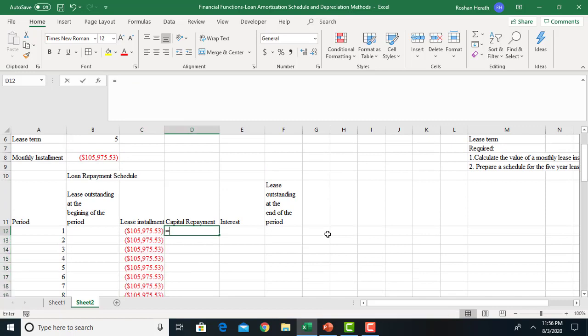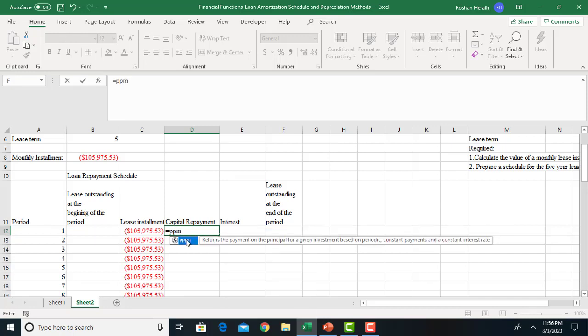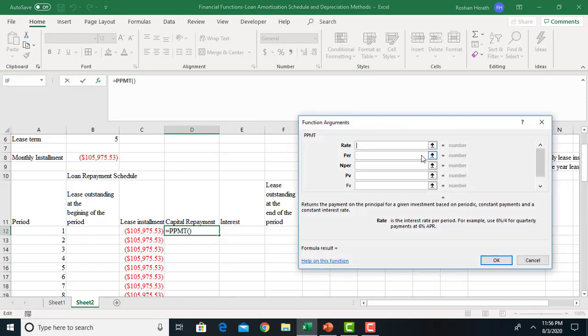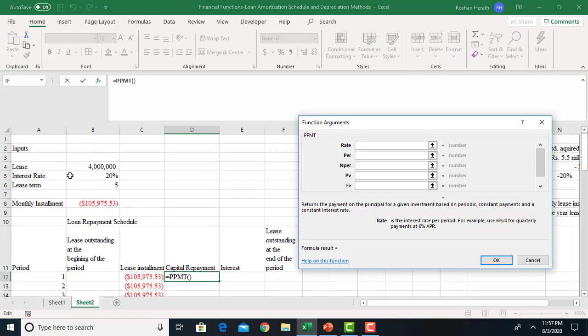Then you can compute the capital repayment. It is going to be the PPMT. Using the PPMT function, you can work out the capital repayment or the principal payment. So the rate is going to be 20%, but most importantly, convert that into a monthly rate, divide by 12. The PER must be a reference, keep it relative as we did.